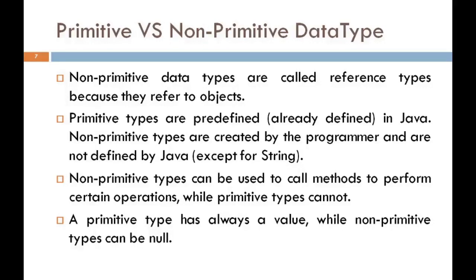Another difference is that a primitive data type starts with a lowercase letter, while a non-primitive data type starts with an uppercase letter. The size of a primitive data type depends on the data type, while non-primitive data types all have the same size. So, this is the difference between primitive and non-primitive data types.